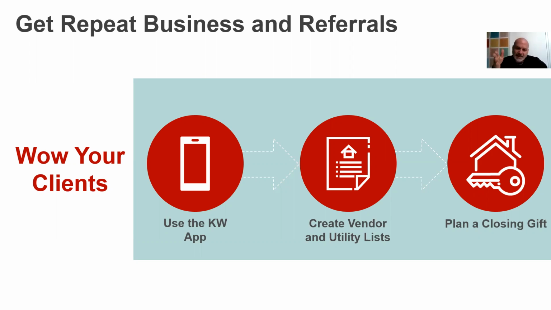And we have technology to help us in that. The KW app is great. You can create vendor lists and utility lists. I think you want to be a part of that next piece of their life, right? There's joy in that moment, and you want to play off that joy for business purposes also, okay?